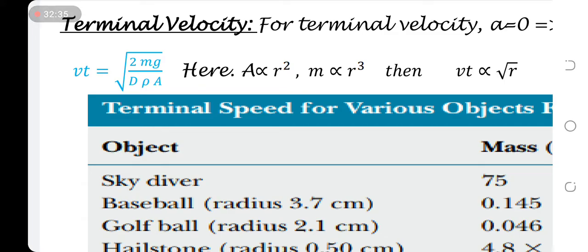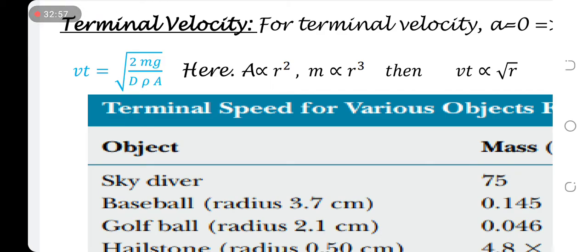We have seen here that mass is directly proportional to r cube, because density is defined as mass per unit volume, and the volume contains r cube.